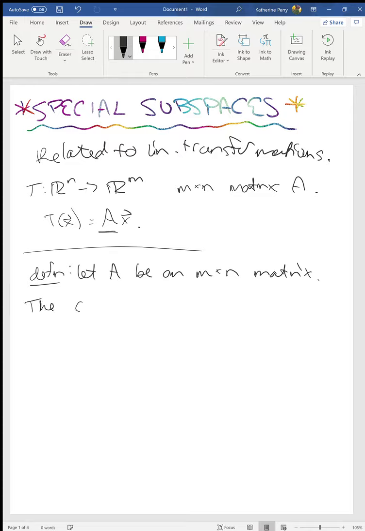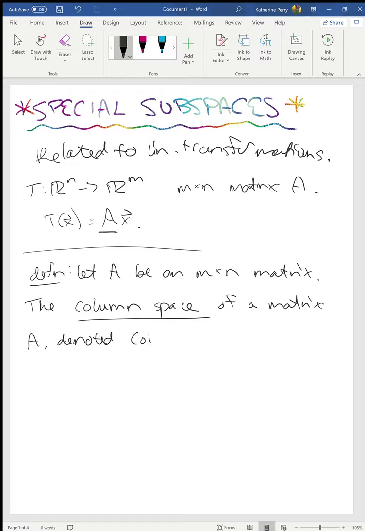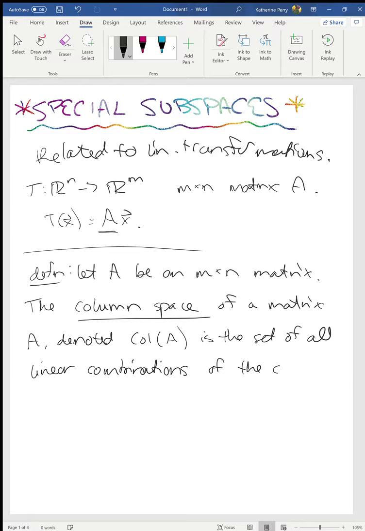So we'll say the column space of a matrix A, denoted col of A, is the set of all linear combinations of the columns of A.